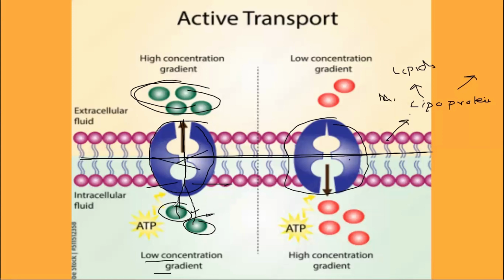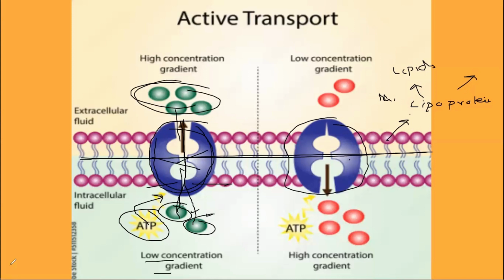But since few particles are going towards where there are more, opening the door requires energy. The energy is inside the cell's mitochondria in the form of ATP. With the help of this energy, the door will open, and the fewer particles can pass through and join the crowd. So this is the example of active transport.